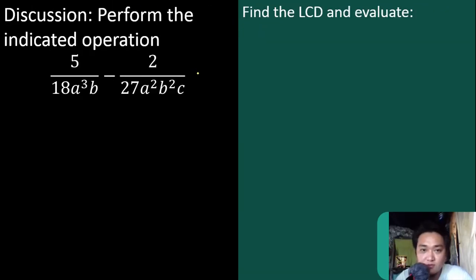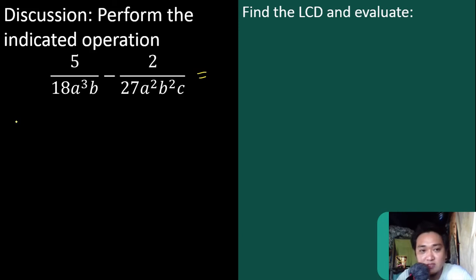This time, let us have a few more examples. Let's say we want to subtract 5 over 18a cubed b minus 2 over 27a squared b squared c. What we will do is identify the LCD.